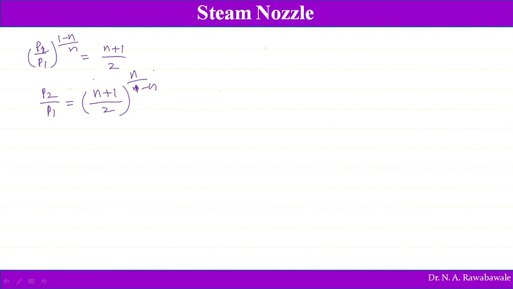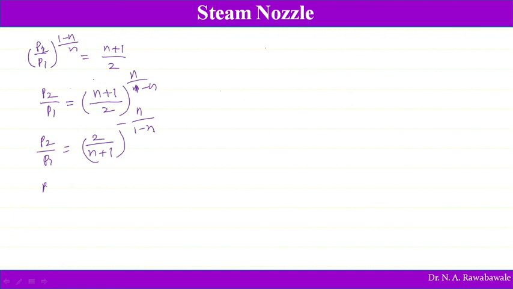Sometimes this is written as P2 divided by P1 as it is, which is equal to, we will just invert this. Instead of n plus 1 divided by 2, we write this as 2 divided by n plus 1. The change in this will be n, minus of 1 minus n. So if we make this negative, we can take the reciprocal of this. So here the power is minus.